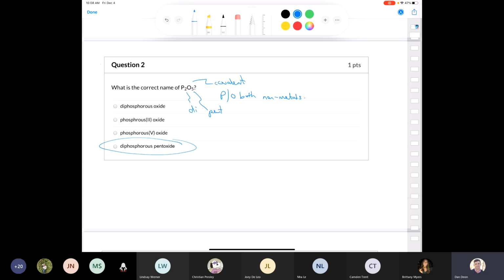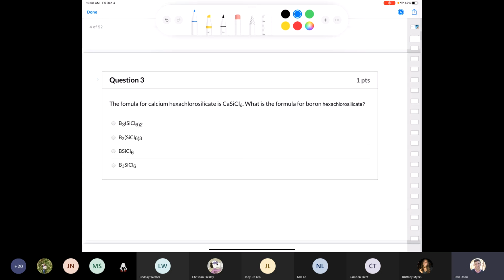Okay, let's try another question that involves nomenclature. It says the formula for calcium hexachlorosilicate is CaSiCl6. What is the formula for boron hexachlorosilicate? Well, we need to figure out what the charge is on the hexachlorosilicate. Hexachlorosilicate is the SiCl6. How did I know that?